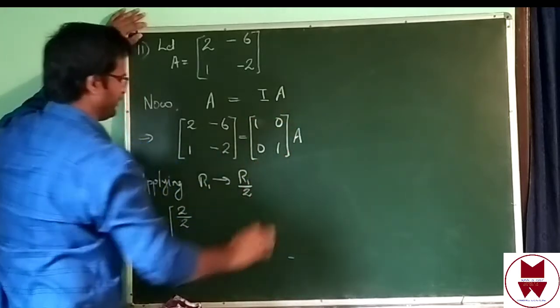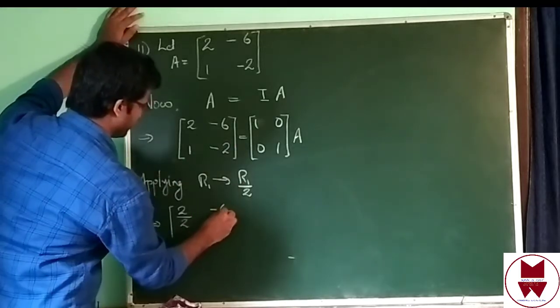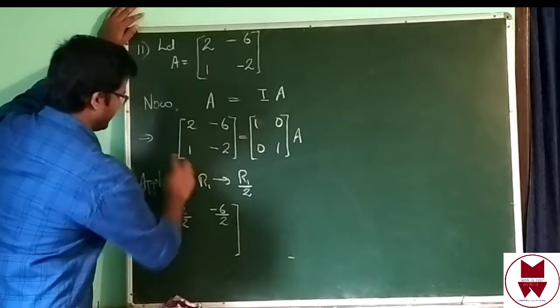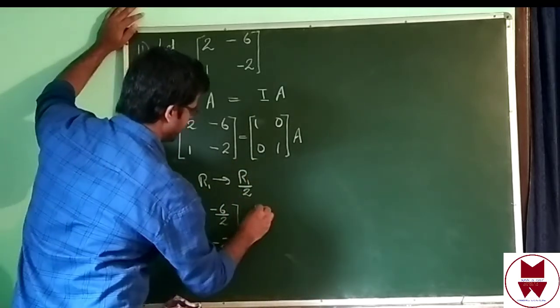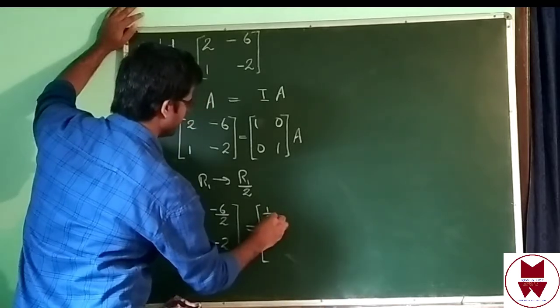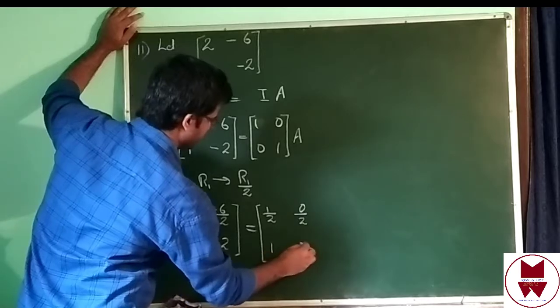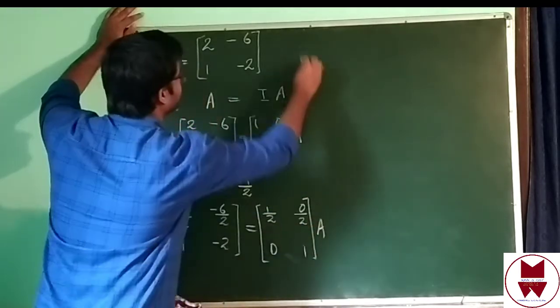All the R1 elements we have to divide by 2. 2 by 2. Then minus 6 by 2. Second row no need to change. 1 minus 2 equal to right side 1 by 2, 0 by 2. Then second row no need to change. That is 0 and 1 into A.